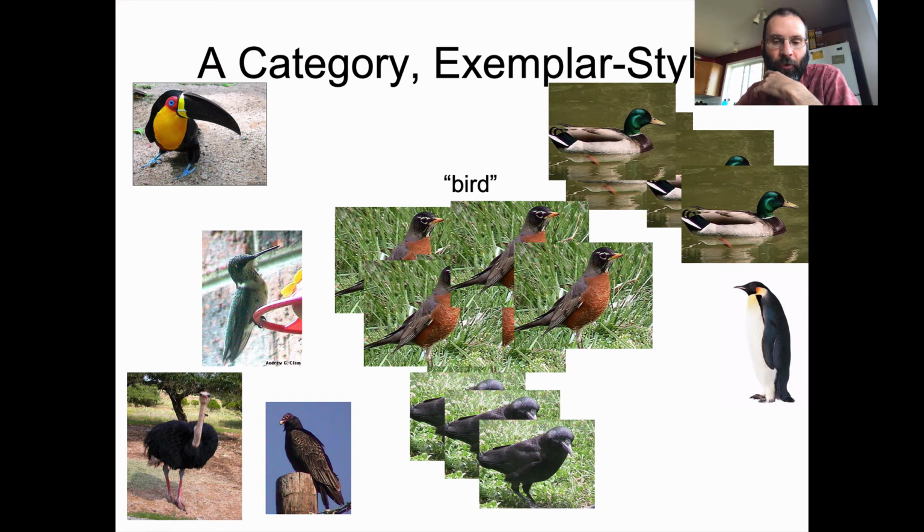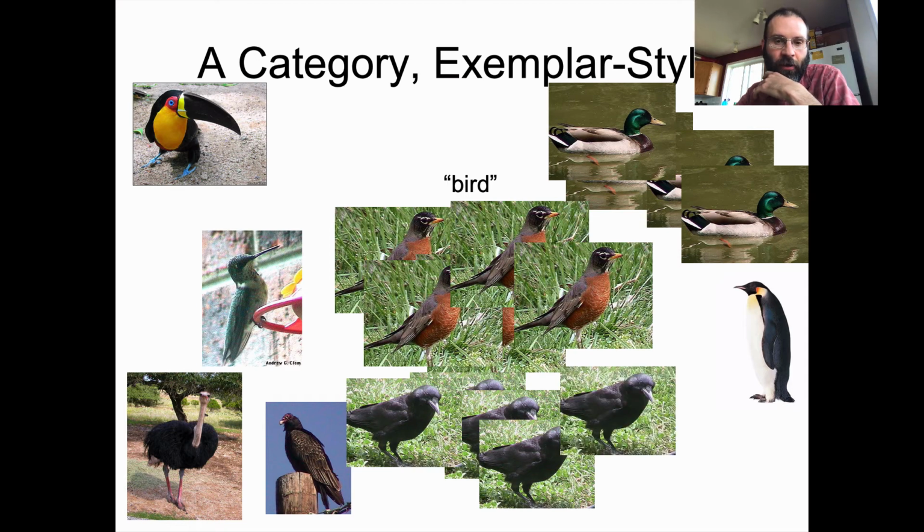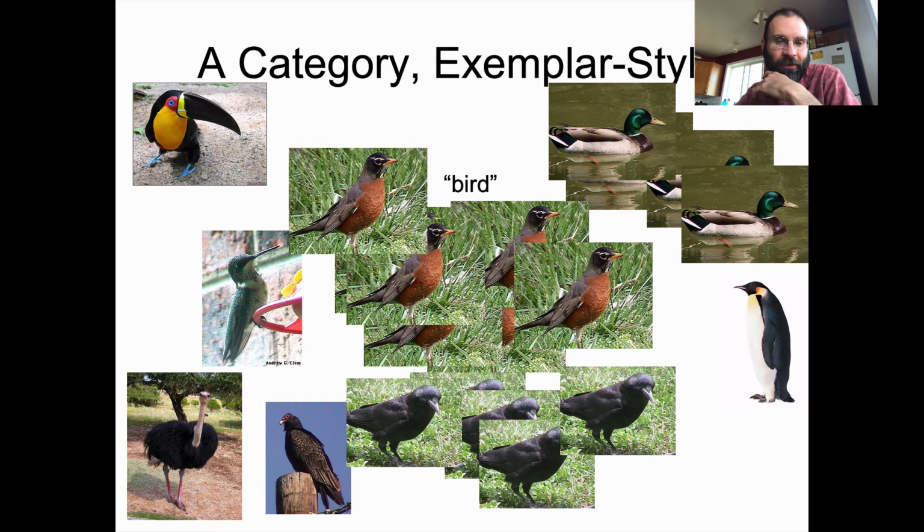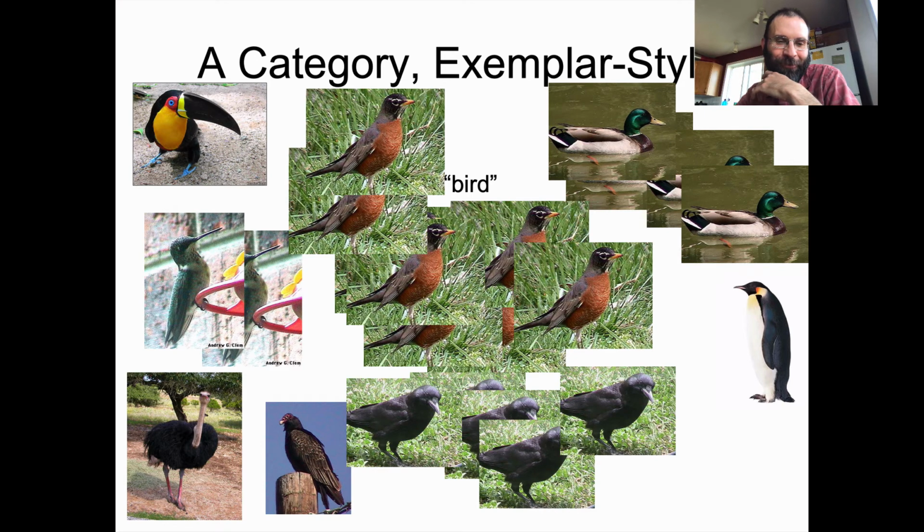And you might have a few more tokens of crows in there as well. Maybe you've seen a lot of robins but only one or two hummingbirds in your life or something like that. And so you don't get that added bonus benefit for these kind of odd birds, which, I don't want to call them odd, I don't want to discriminate, but we don't see them that often in Calgary, right? So you've probably only seen these in the zoo, unless you took a fancy trip somewhere, which is nice.